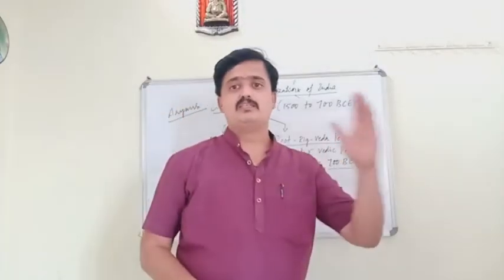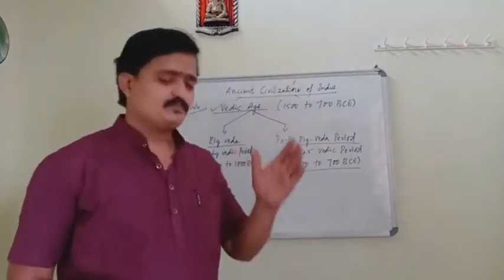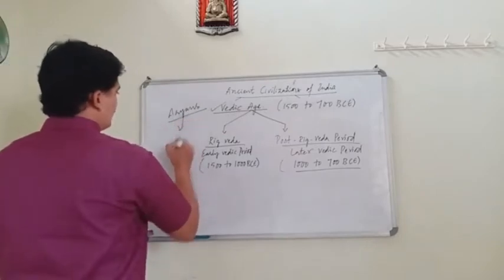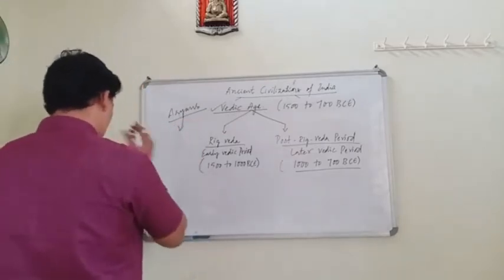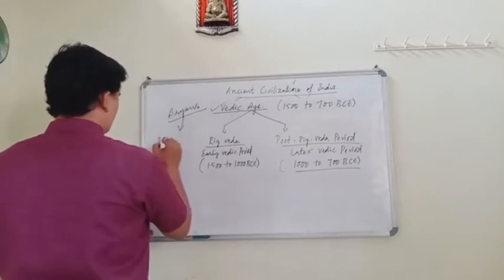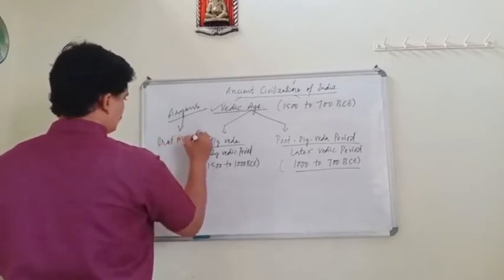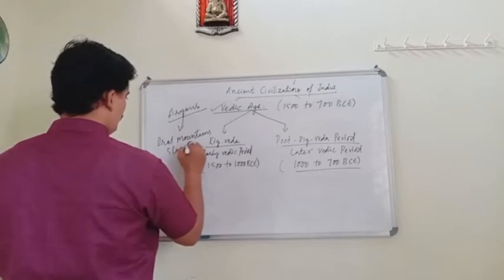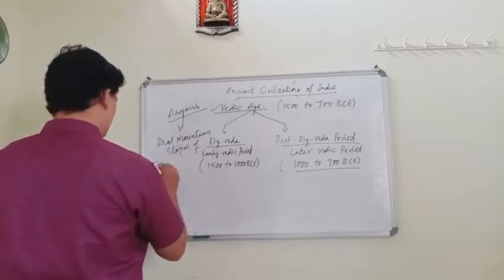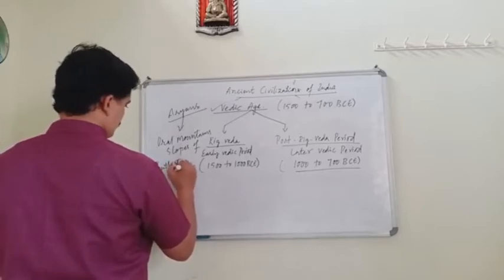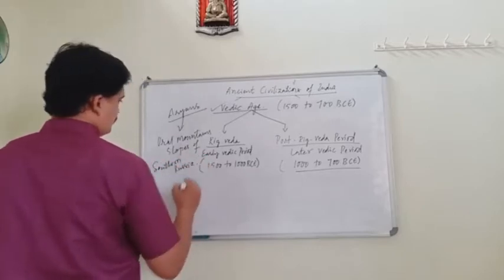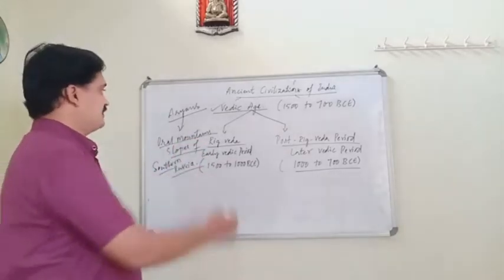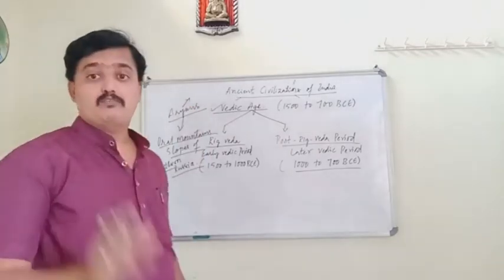And they came from the Ural mountains, the slopes of southern Russia. So they came from the Ural mountain slopes of southern Russia, and these Aryans compiled the Vedas.